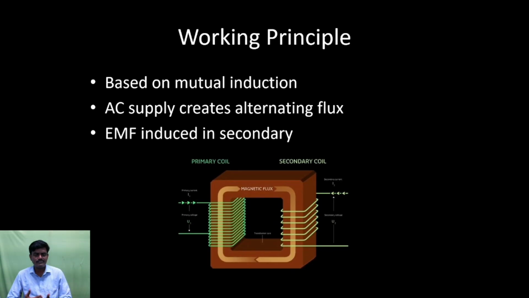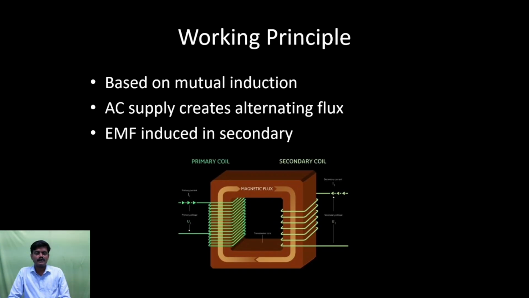Due to the magnetic field polarity changes, some energy is lost as heat. That heat is called hysteresis loss, mainly due to the reversal of flux lines in the magnetic medium. That heat is called hysteresis losses.